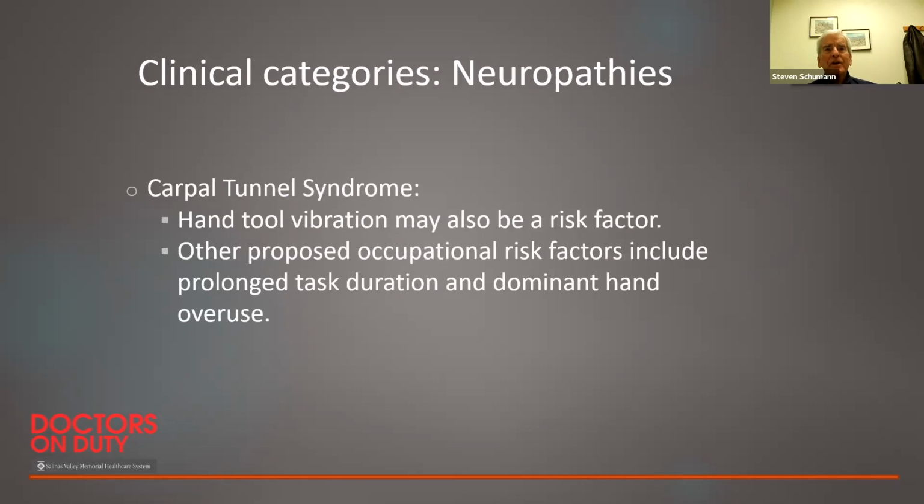Again, hand tool vibration may be a risk factor. Other proposed occupational risk factors include prolonged task duration, dominant hand overuse. So most of the ones that I think we see really have to do with use of a computer keyboard and mouse.